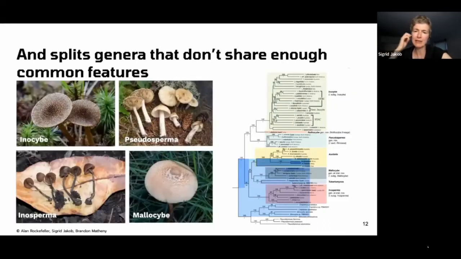The other thing it's been helping us do, and some people welcome this and some people don't, is that it has led to genera being split. I mentioned Cortinarius. The Inocybaceae is another example. Back, I think in 2018, Brandon Matheny looked at a lot of sequences for what used to be called Inocybe and found that they actually fell into 4 distinct buckets: Inocybe, Pseudosperma, Mallocybe, and Nothocybe.